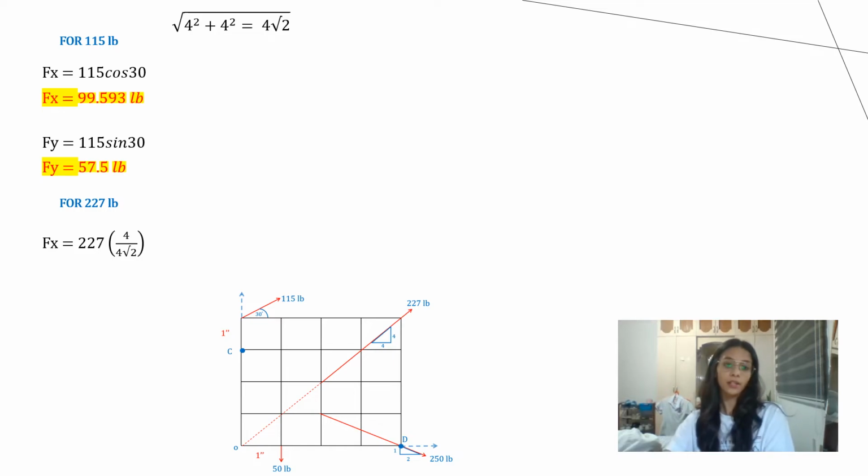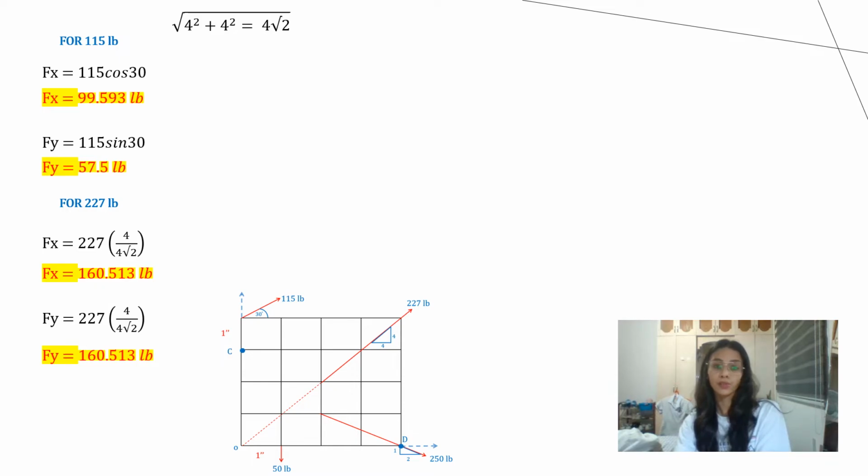Since it is pointing upward to the right, it is positive: Fx is 160.513 pounds. For our Fy, it is 227 times 4 over 4 square root of 2. We come up with the same answer since they are both 4, so Fy is equal to 160.513.